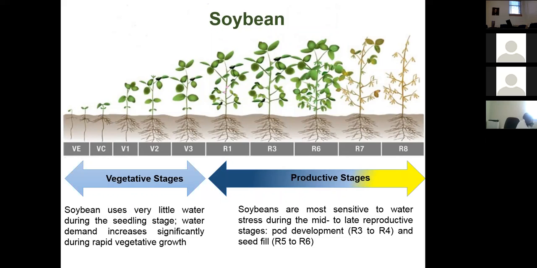So any stress during the productive stage for soybeans has an impact on yield, especially during pod development, R3 to R4, and seed fill, R5 to R6. So soybean uses very little water during the seedling stage and becomes sensitive to water stress during the productive stage.